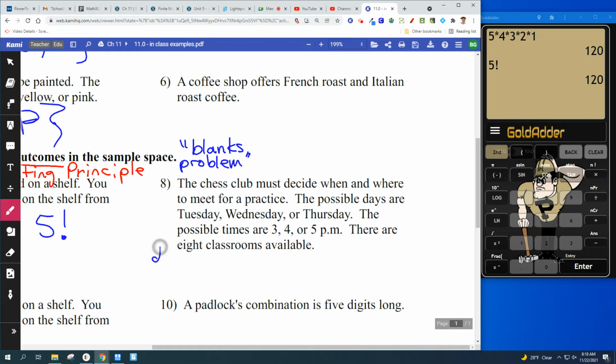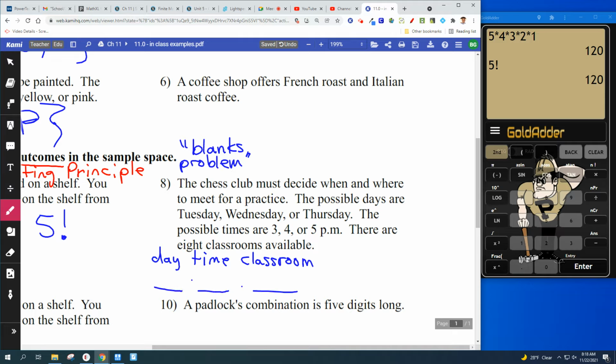You have to decide a day and a time and a classroom. Those are your 3 decisions to make. Those are the 3 numbers in the problem. And those are the 3 blanks in the fundamental counting principle.